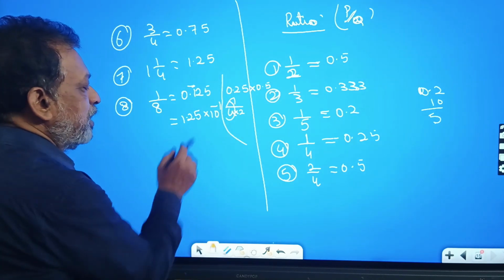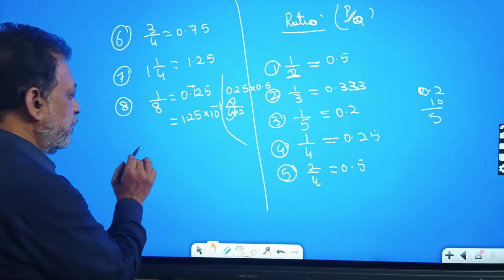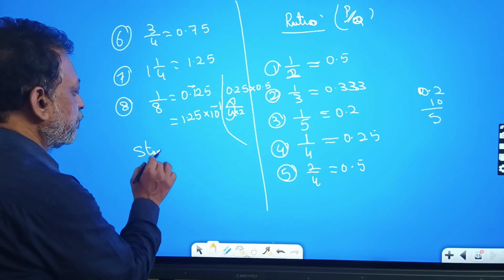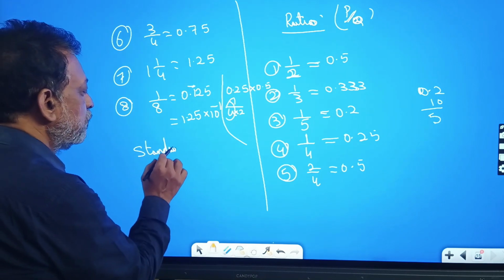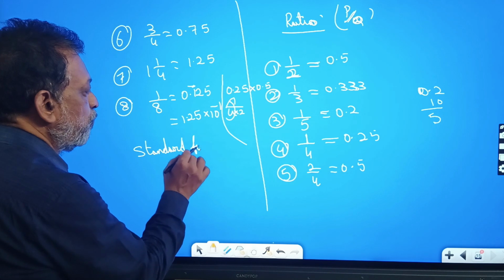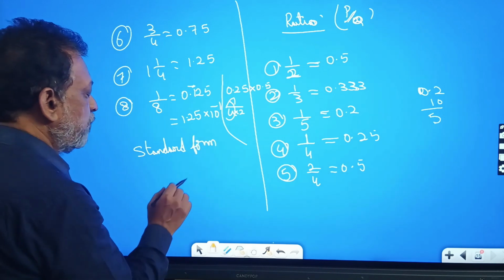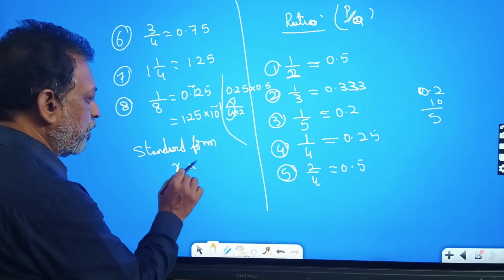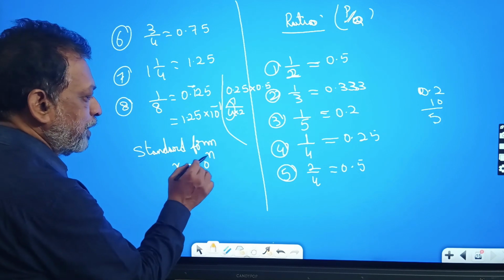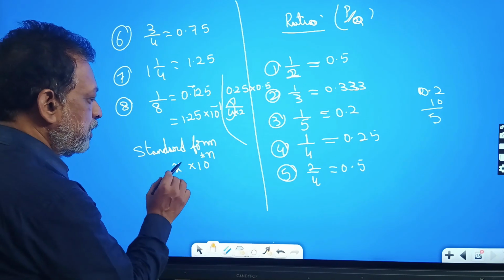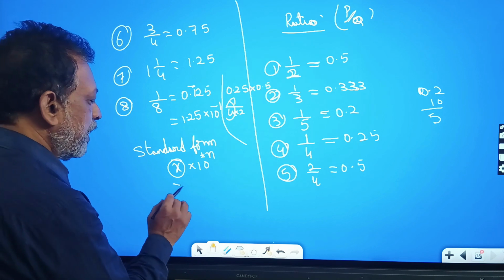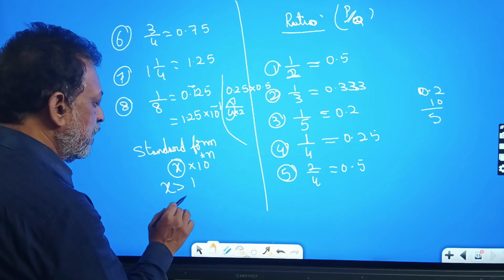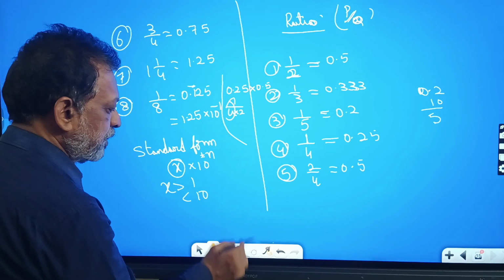This is called standard form. Standard form is x into 10 to the power of some n, plus or minus, where x is greater than 1 and less than 10. That is the standard form.